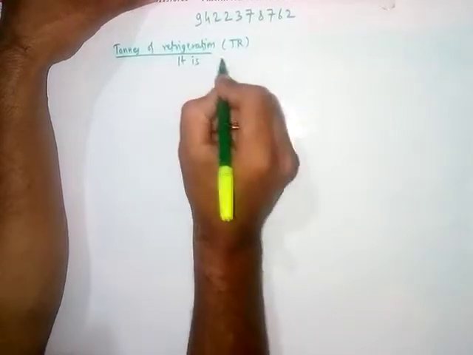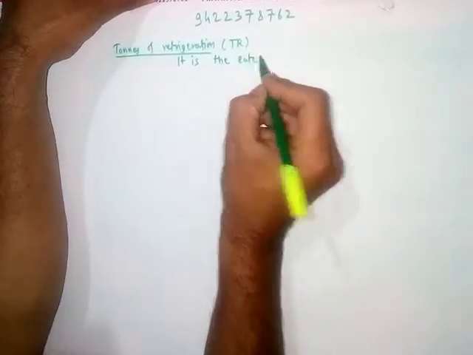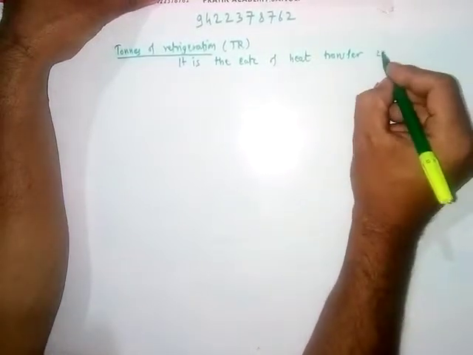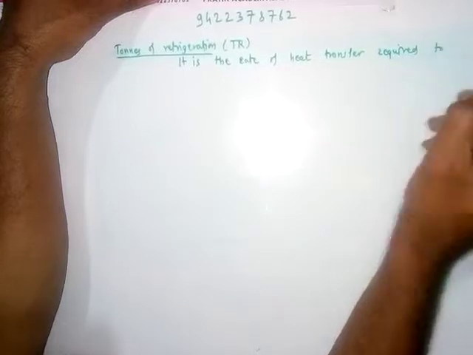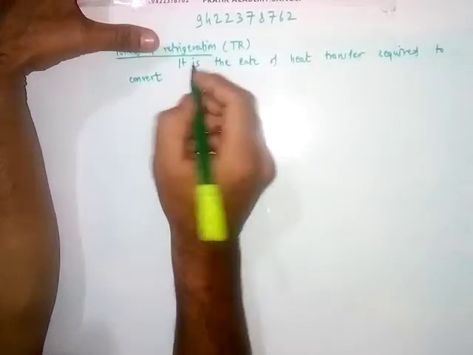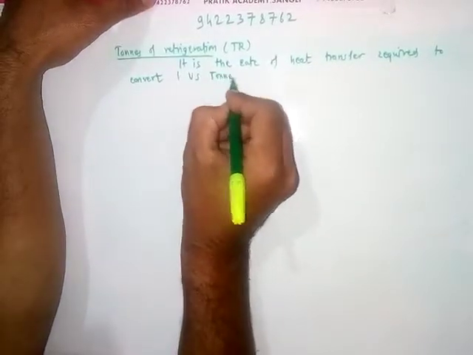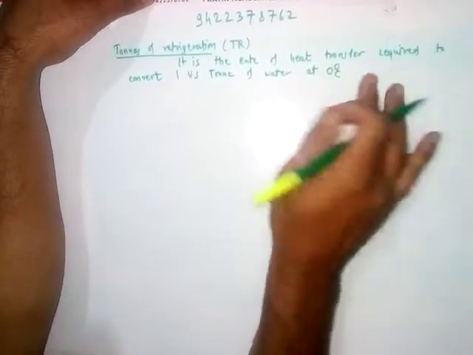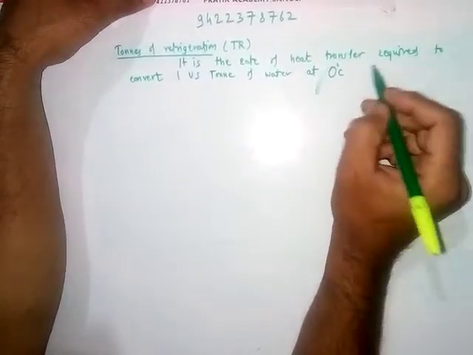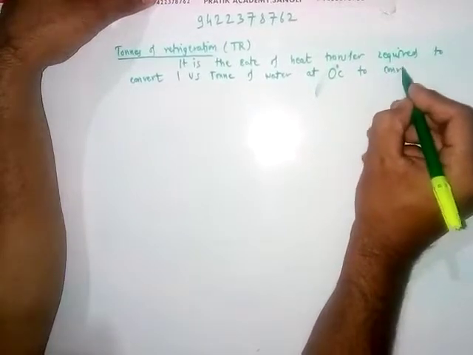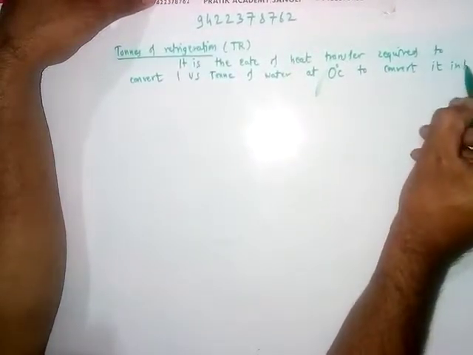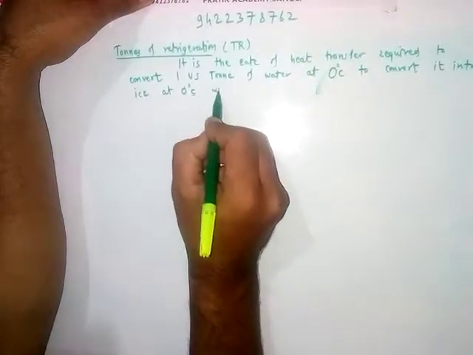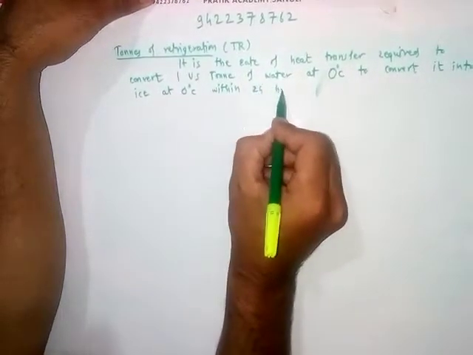It is the rate of heat transfer required to convert 1 US ton of water at 0 degree Celsius to ice at 0 degree Celsius within 24 hours.